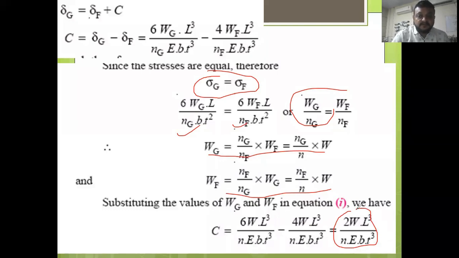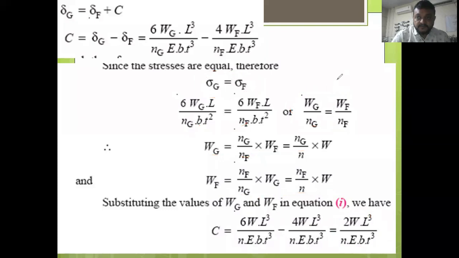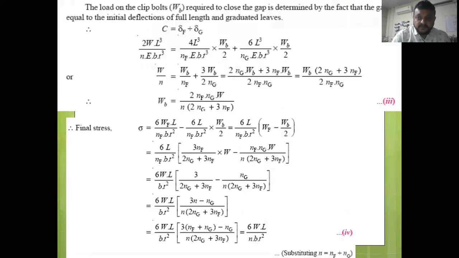Okay, so this is about finding the value of C by substituting WG and WF, the loading conditions in graduated leaves and full length leaves. Okay, so this is about the C, and we just have to make it more simplified, as we have seen the loading condition in terms of number of leaves, Ng and Nf.